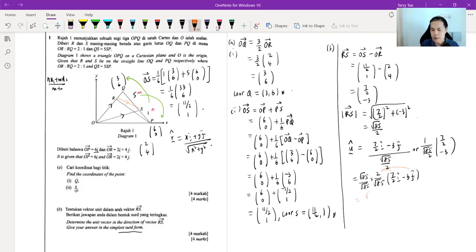This will give us surd 85 over 85, and the 2 when I times in is 7i minus 6j. So that will be the simplest surd form. Again, you can do the same for column vector with multiply inside. This will be surd 85 over 85, times (7, minus 6). That will be in the simplest surd form.